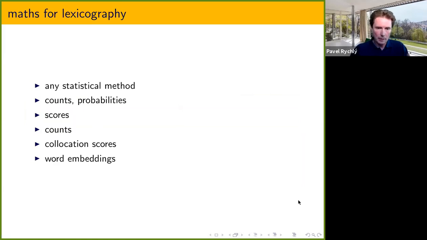So I will show some examples about counts, about collocation scores, and about word embeddings, which is a bit different math, but it is used much more, and I think it will be used much more than in previous years.